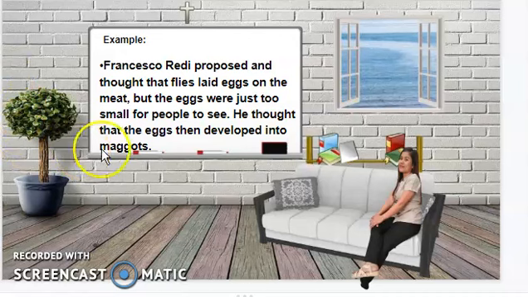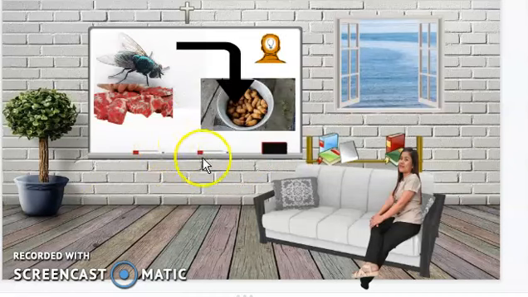So basically, if you are going to convert that into an if-then statement, if the flies laid eggs on the meat, then the eggs develop into maggots. So this is the illustration of the fly laying eggs on the meat. Later on, the eggs will become a maggot. So this is the hypothesis proposed by Francesco Redi.